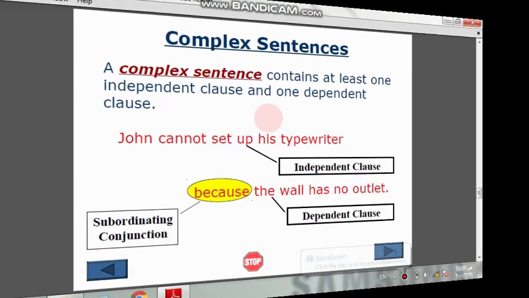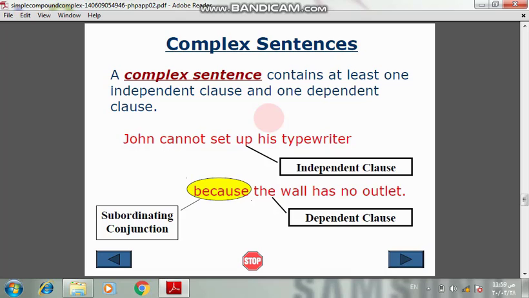The third type is complex sentences. A complex sentence contains at least one independent clause and one dependent clause. Sir, I don't understand. I understood the meaning of an independent sentence, which doesn't need any help, any support.